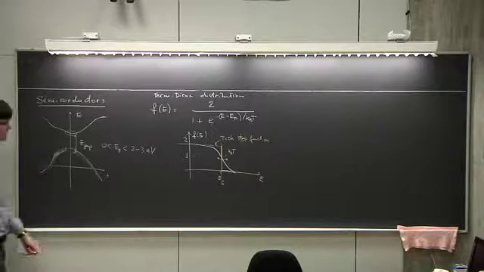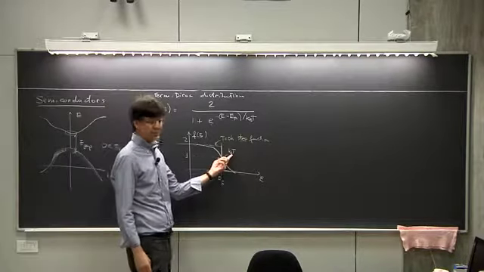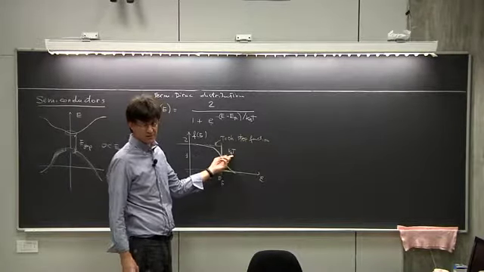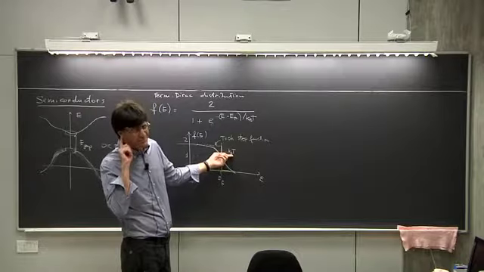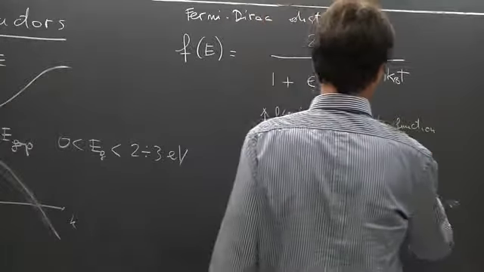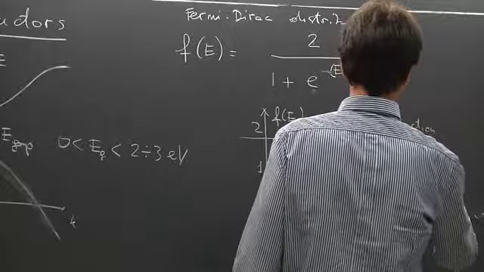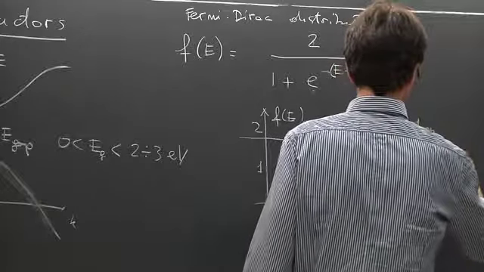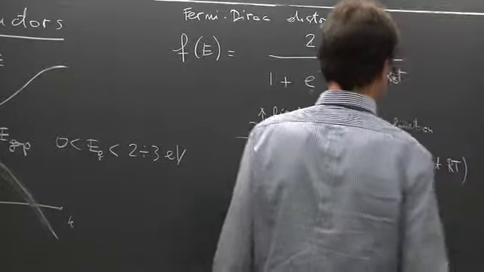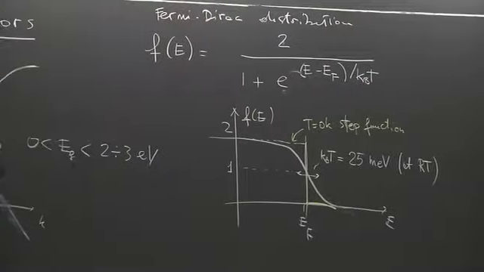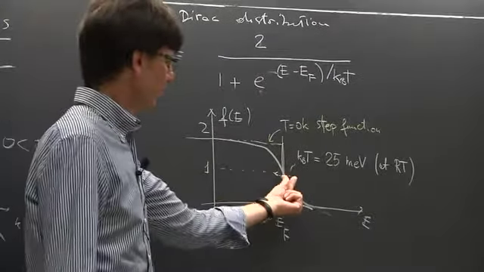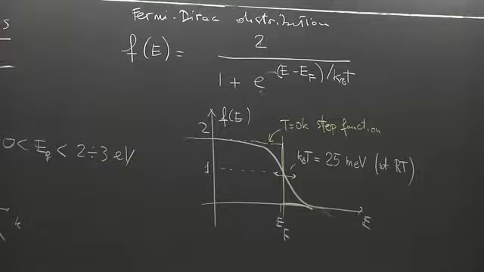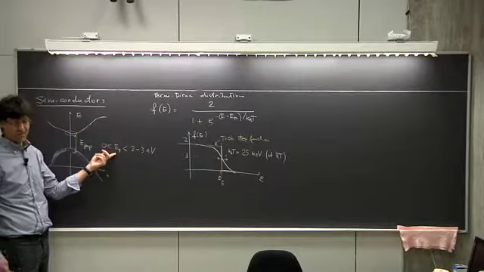Now, we also argued that the value of kBT at room conditions is 25 milli-electron volts at room temperature. Okay. So this width here is small compared to the width of the gap of the bands, but also small with respect to typical band gaps.